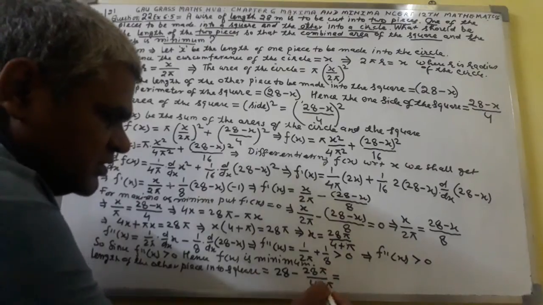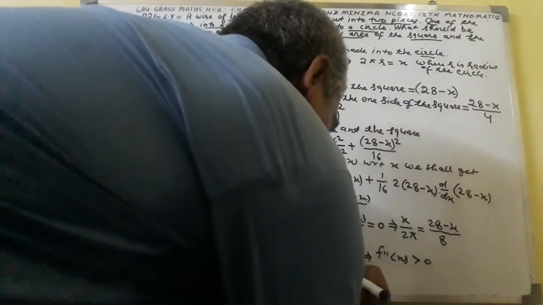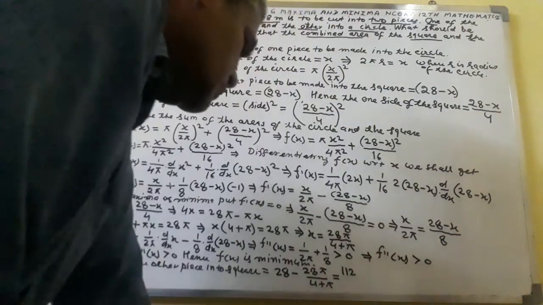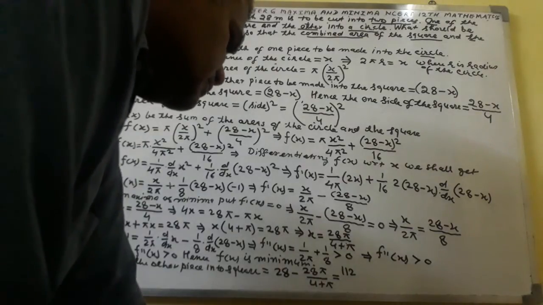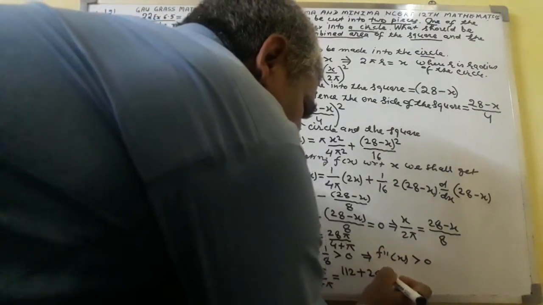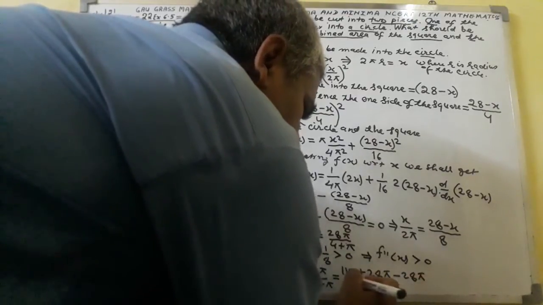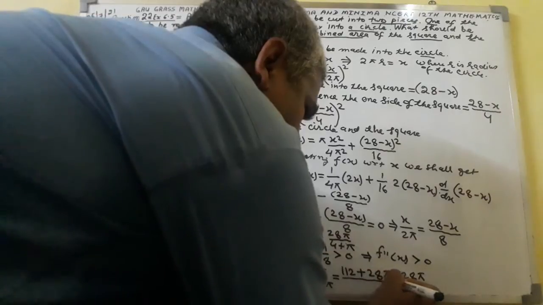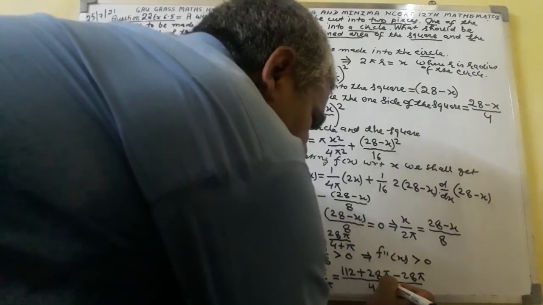You will get here 28 will multiply to 4, you will get here 112 plus 28 pi minus 28 pi whole over 4 plus pi.